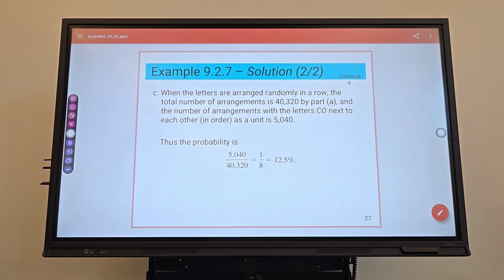When the letters are arranged randomly in a row, from the total number of arrangements and the number of arrangements with CO next to each other, the probability is 1 over 8, or 12.5%.